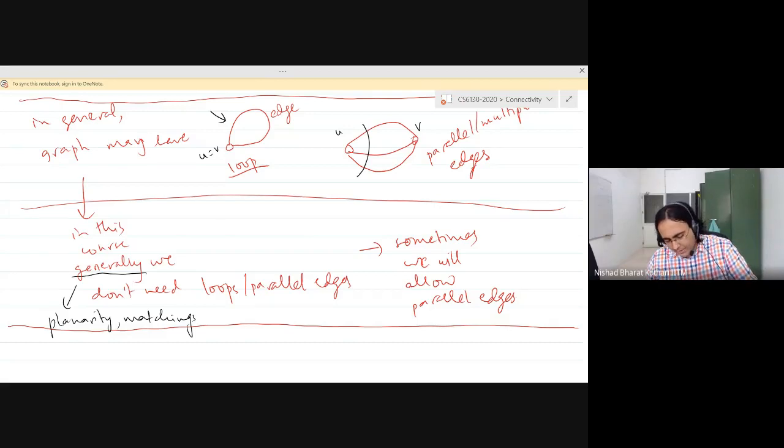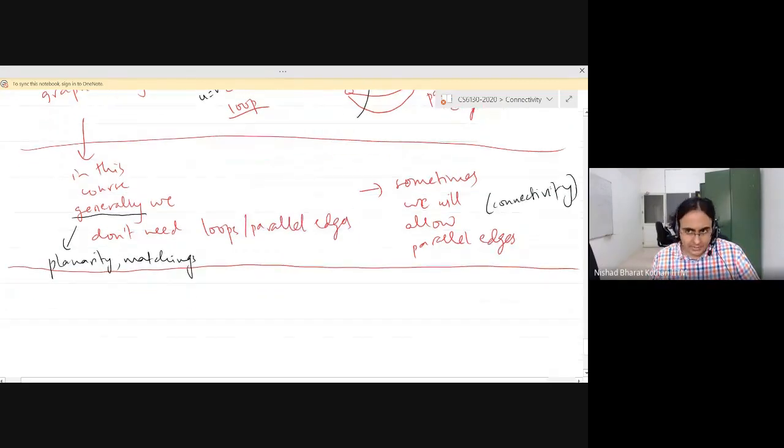But sometimes it is useful to allow parallel edges, and connectivity is one example. Actually everything we discussed in this course so far, you can allow parallel edges, and almost everything just goes through without any complications. But there are some things you have to be careful about. So I'm just going to point out some things you need to be careful about.